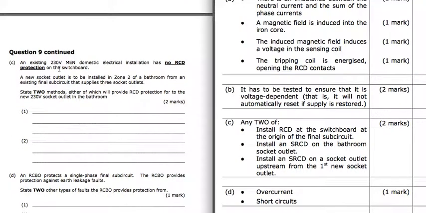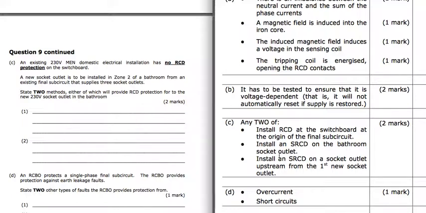An existing 230-volt MEN domestic installation has no RCD protection on the switchboard, and we're putting a new socket outlet in zone 2 of a bathroom, and we've got 3 other socket outlets on there. So we want to give RCD protection to the new socket outlet in the bathroom. So how are we going to do that?